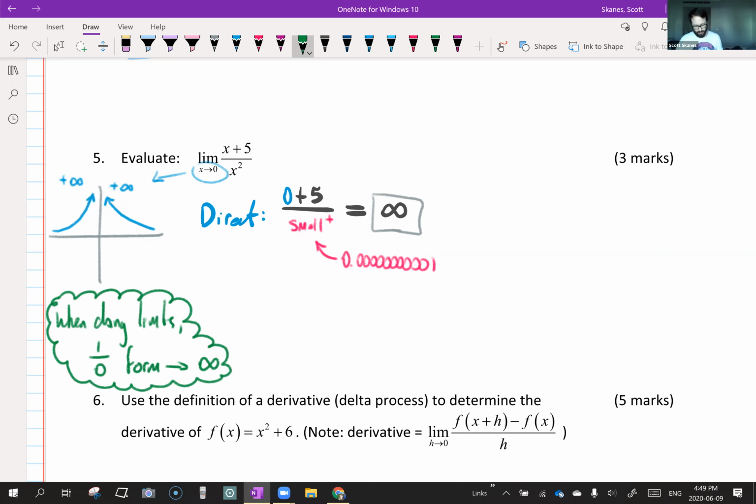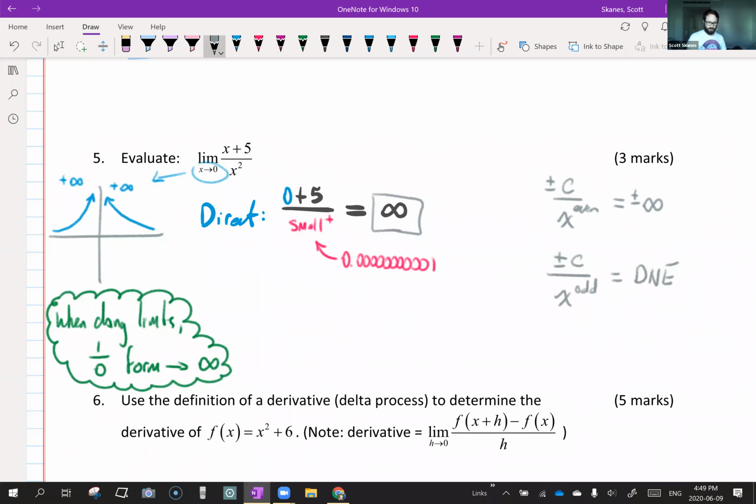I also gave you another tip. I said if it's like a constant over x to an even power, it gives infinity, plus or minus, depending. But it's better to graph it. If it's plus or minus some constant over x to the power of an odd, it doesn't exist.